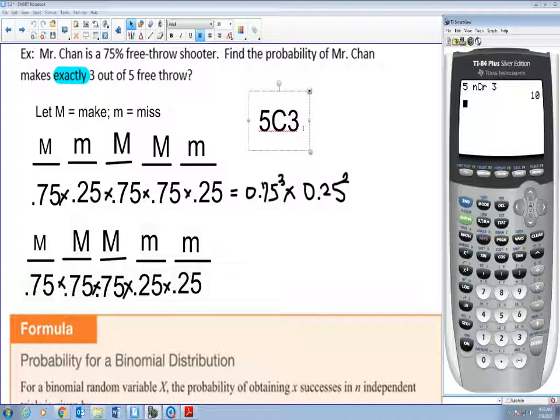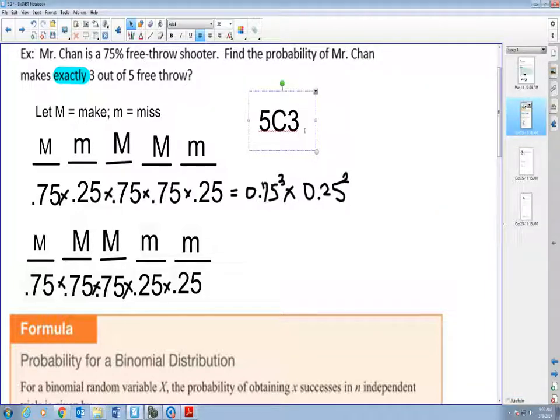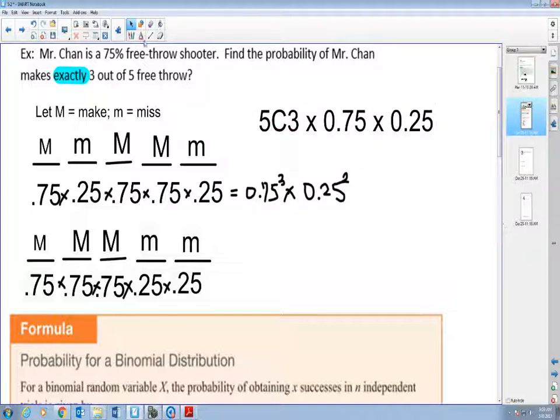5 choosing 3, which is 10, times, and the reason I multiply is that every way has the same probability, which is 0.75 to the third power times 0.25 to the second power.